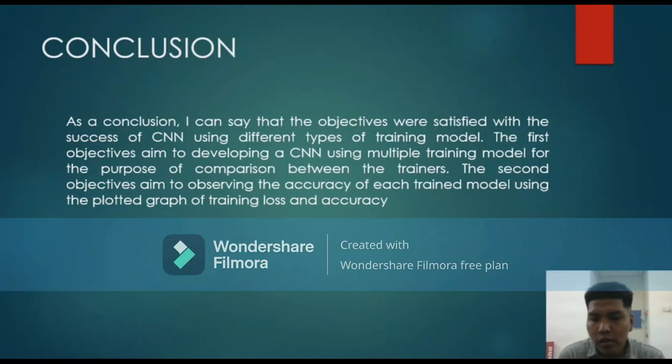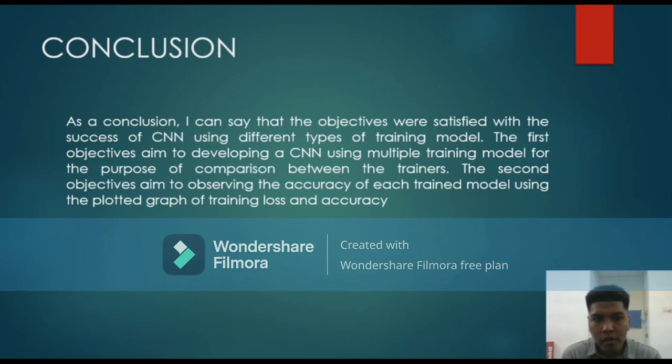Okay, for the conclusion of this project, I can say that the objectives were achieved with the success of CNN using different types of training methods.